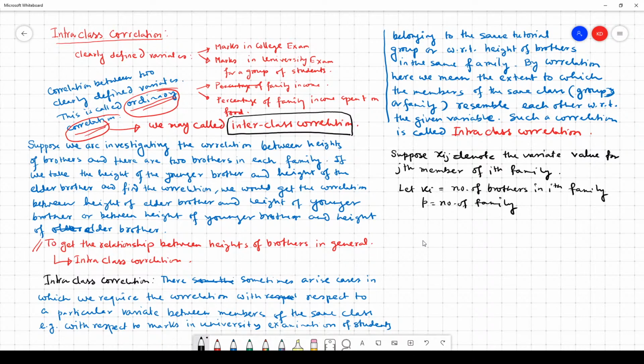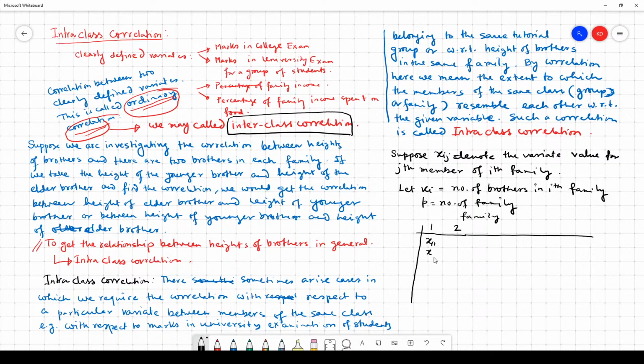So if you arrange this data in tabular form, it should look like this. For family 1, there are k1 brothers and their heights are x11.